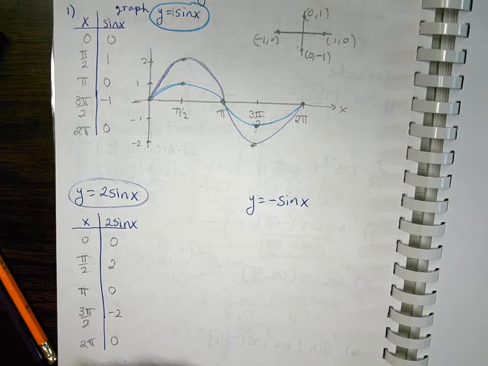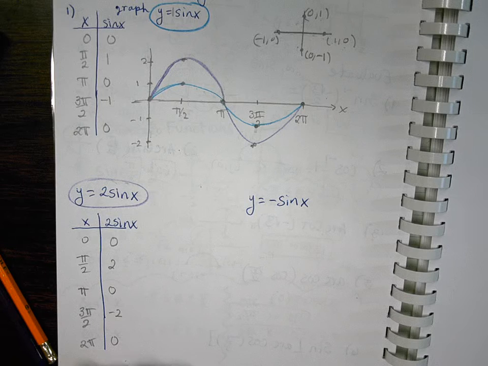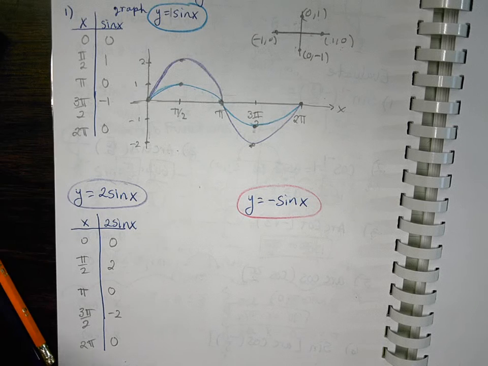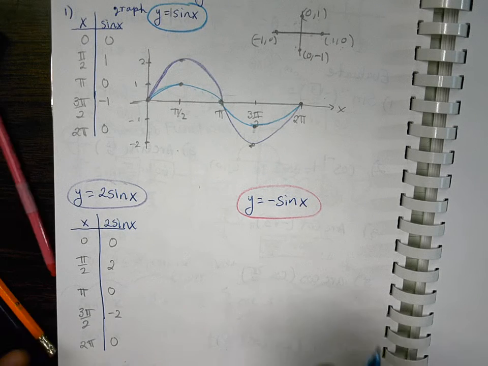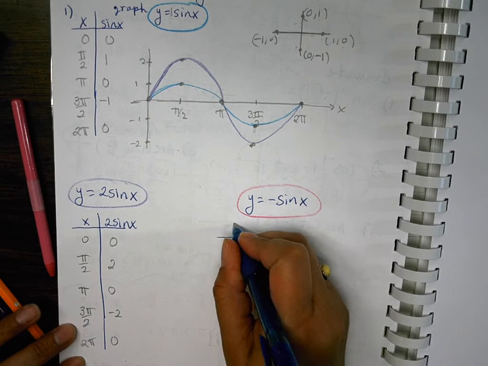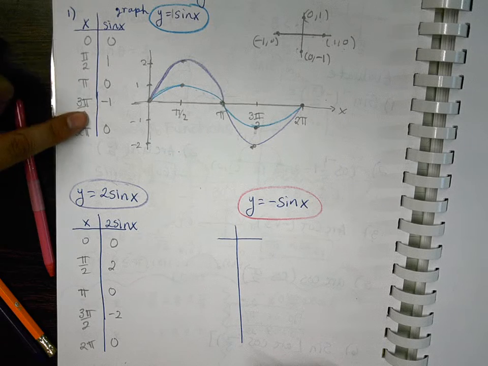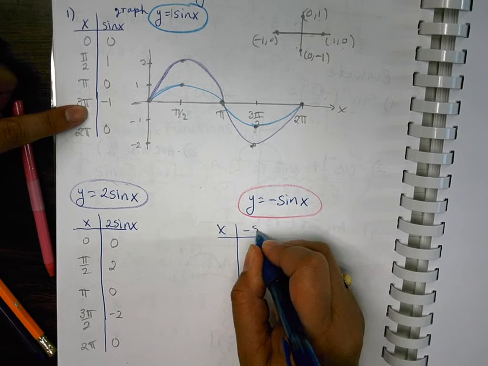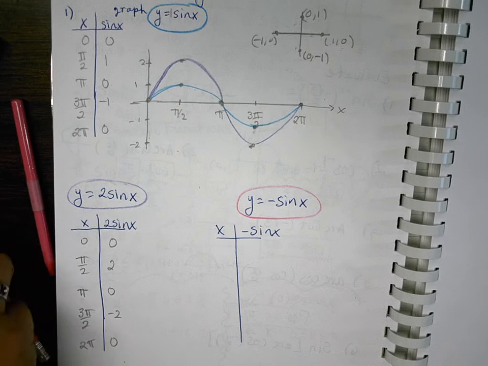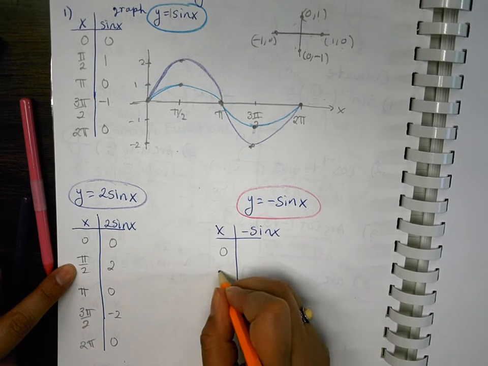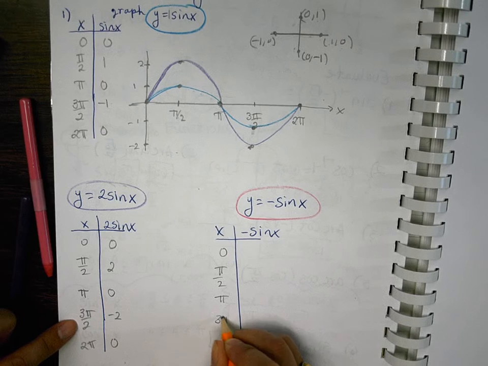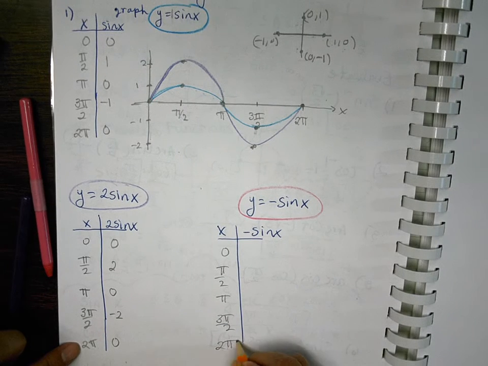All right. Let me find a color. Okay. So let's make our T-chart. Now this one, I'm going to take my original answers and multiply them by what? -1. Negative sine x, same x values: 0, pi over 2, pi, 3 pi over 2, and 2 pi.